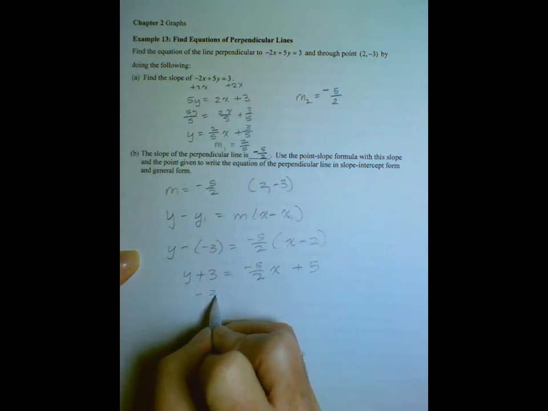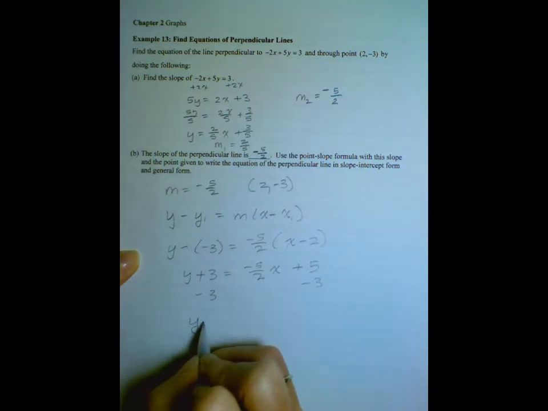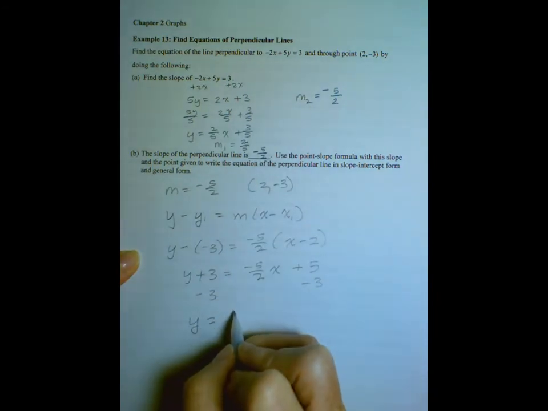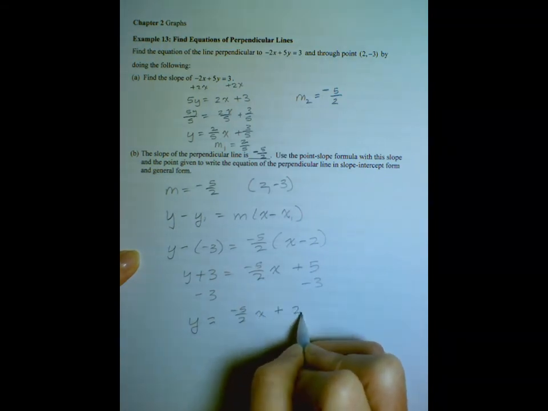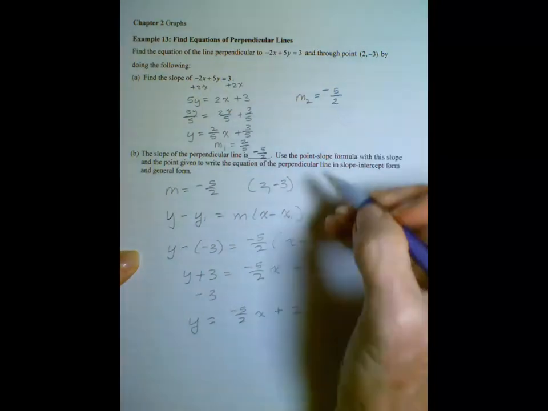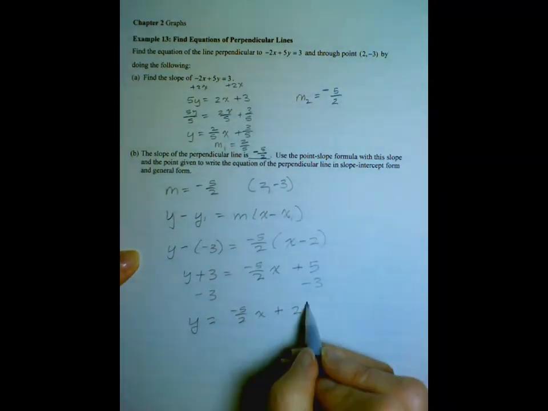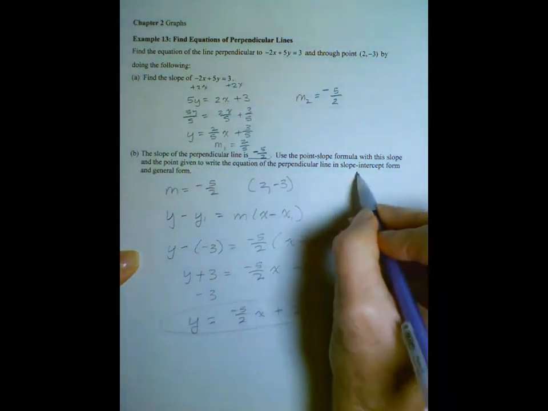And then subtract 3, and I get y equals -5/2 x plus 2, right? So the slopes are negative reciprocals. So here it is in slope-intercept form.